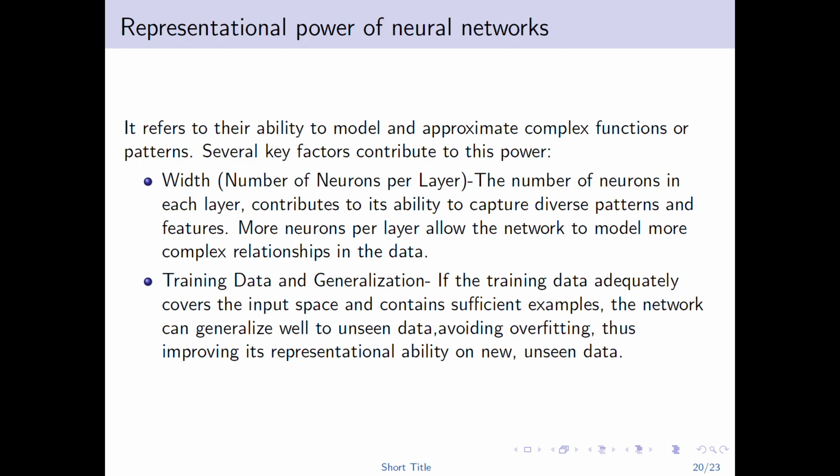So when we are training a complex neural network, we must have an adequate number of samples to train. Otherwise the model that we develop may not produce good results with the unseen data, that is the test data. It may be prone to overfitting.